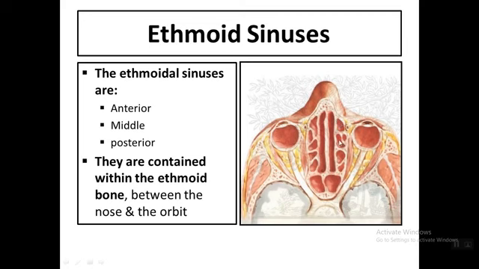The middle ethmoid sinus will open on the upper border of the bulla ethmoidalis, and the posterior ethmoid sinus will open into the superior meatus.